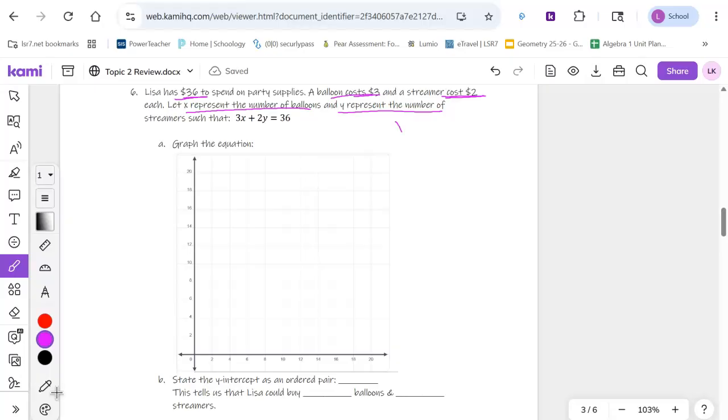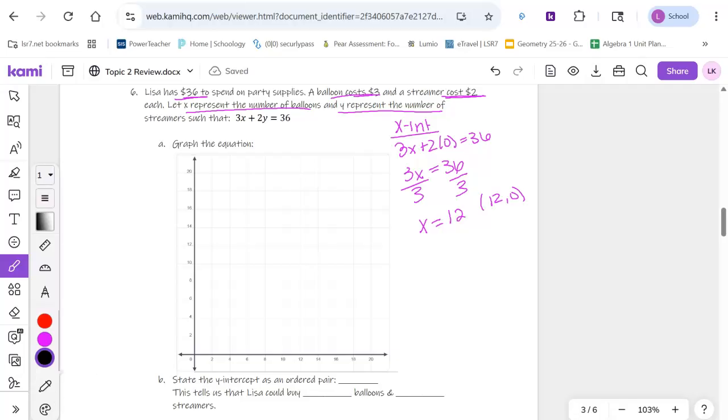So to find my x-intercept, I'm going to take 3x plus 2 times 0 equals 36. So 3x equals 36. Divide by 3. x is going to equal 12, which is (12, 0).